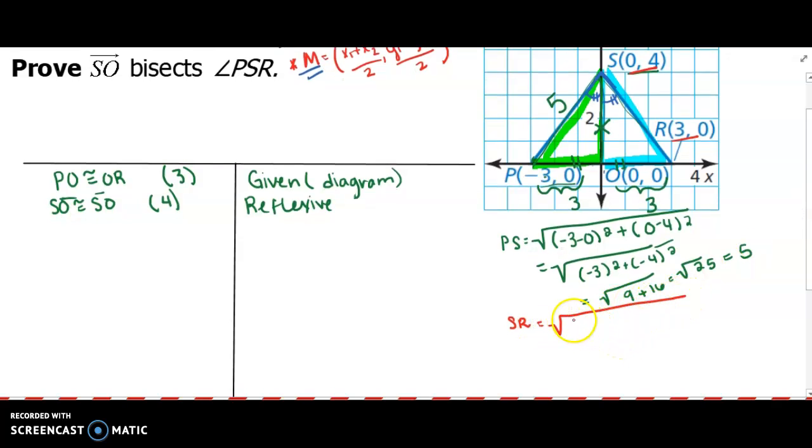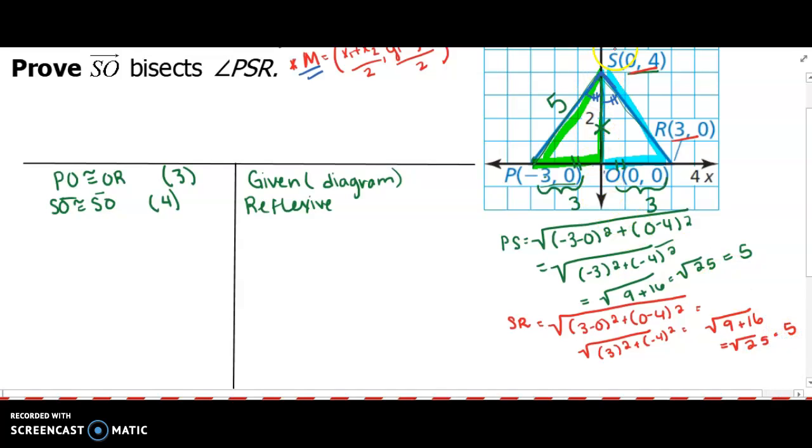So square root of 3 minus 0 squared plus 0 minus 4 squared, which equals 3 squared plus -4 squared. 3 squared is 9, -4 squared is positive 16, square root of 25, which is 5. So this is 5. So I can say that PS is congruent to SR.